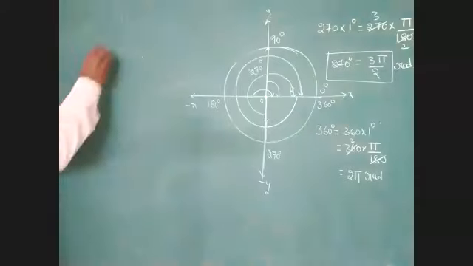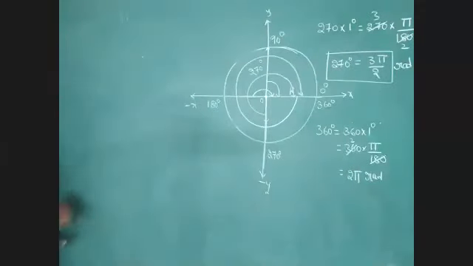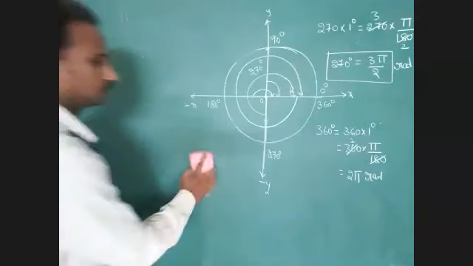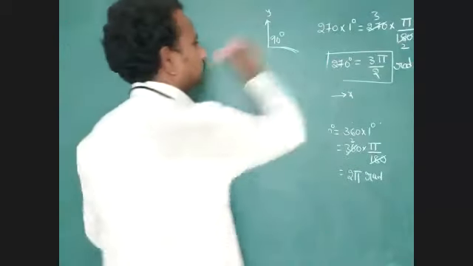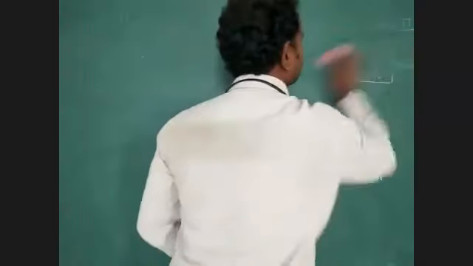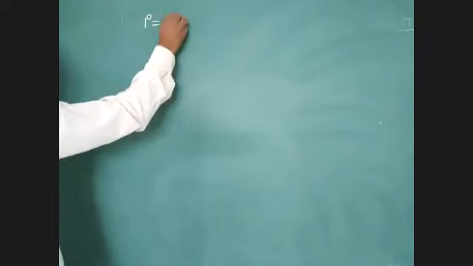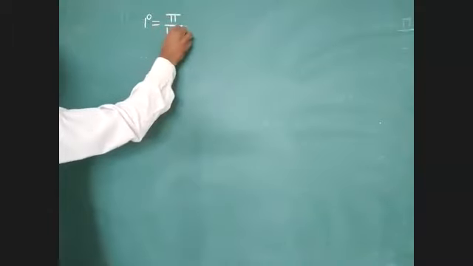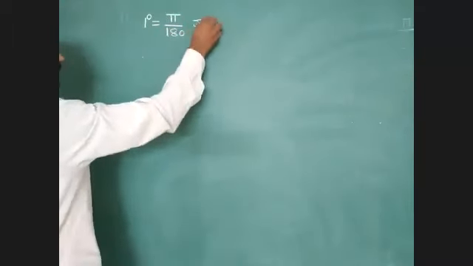Now find out that 30 degree value. Here I have given a hint for you: 1 degree equal to pi by 180 radian.